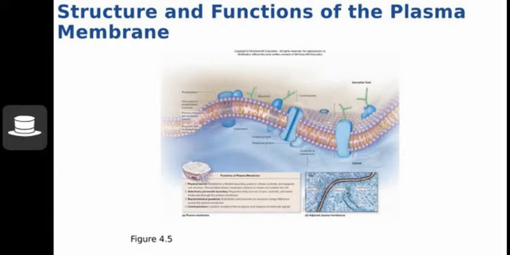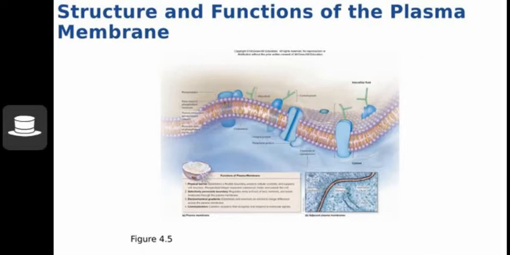Now, going back and reviewing the plasma membrane a little bit, remember it's a phospholipid bilayer, so there's two layers of the phospholipids. The heads of the phospholipids have polar regions, so they are hydrophilic. They get along with water because water is also polar and has a charge. Meanwhile, in the center of the plasma membrane, we have the fatty acid tails, which is a hydrophobic region.